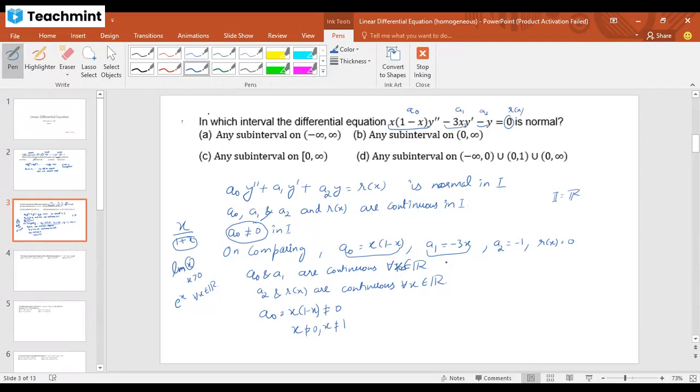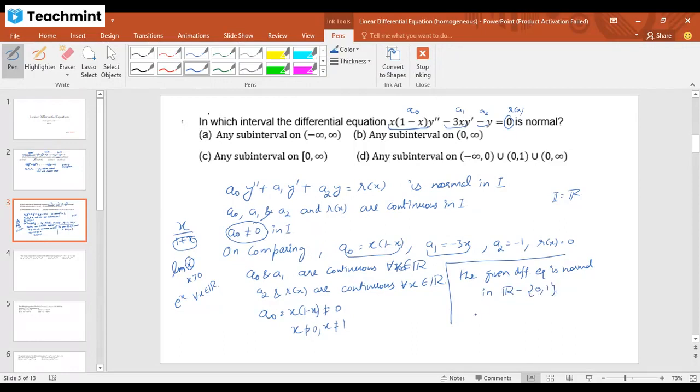So if we take the intersection of all the intervals, it means that the given differential equation is normal in the interval R minus these 2 points 0 and 1.